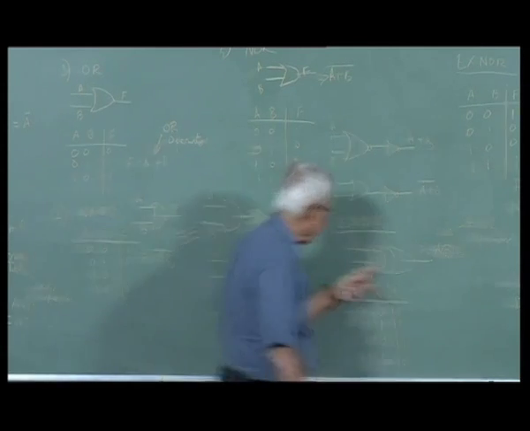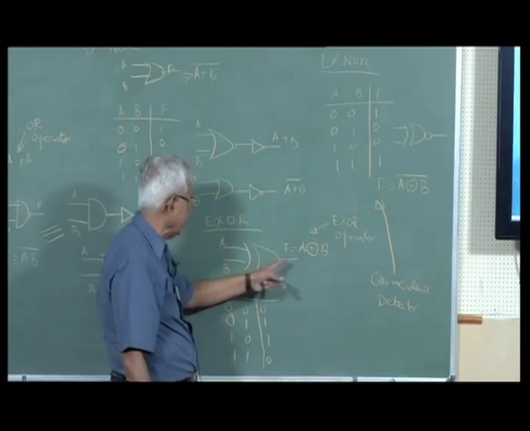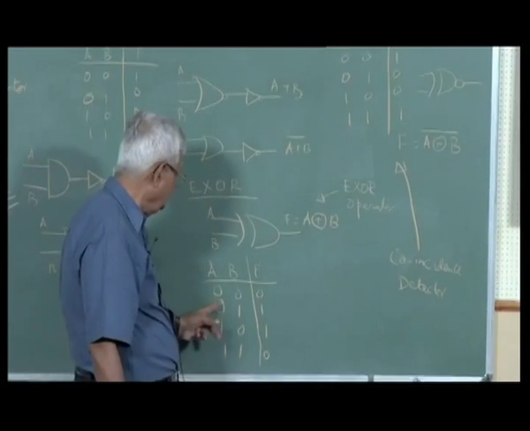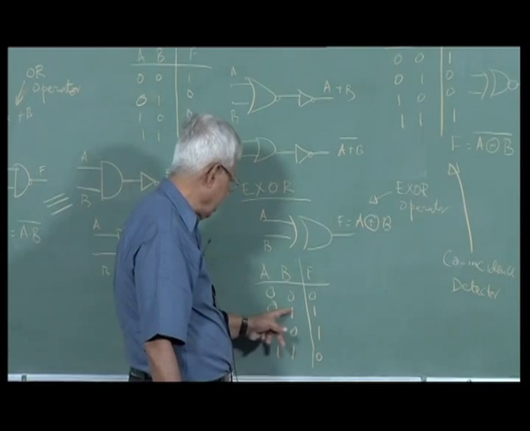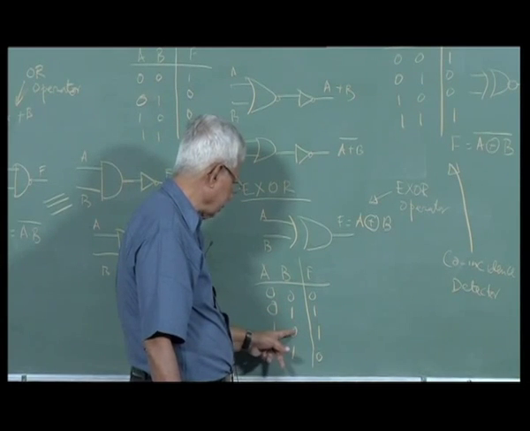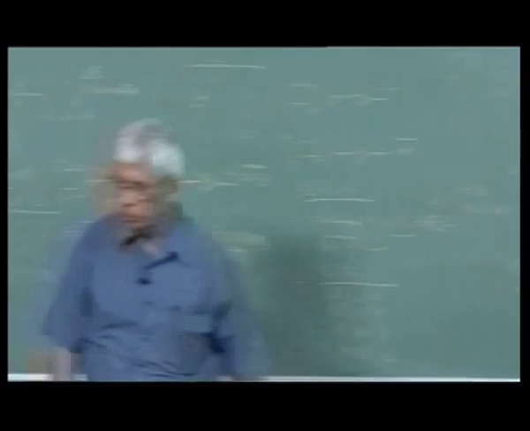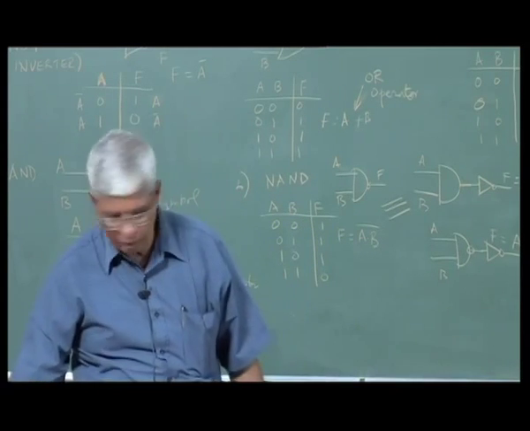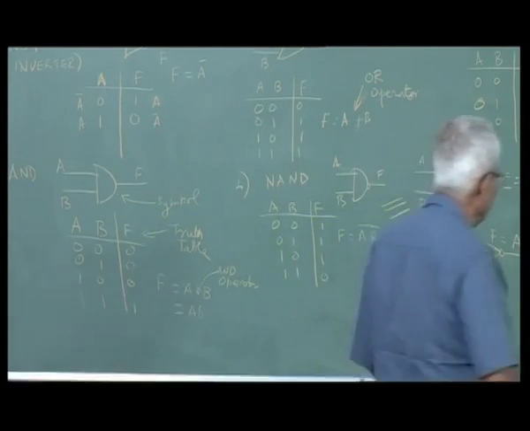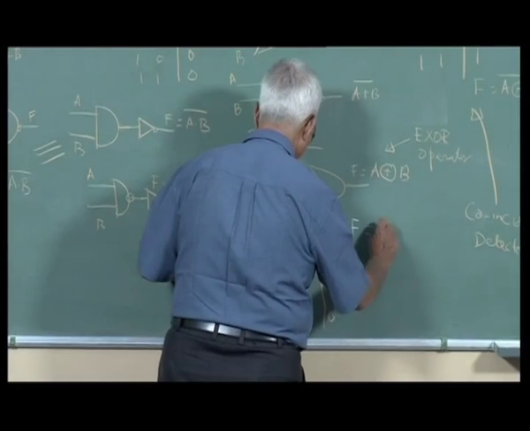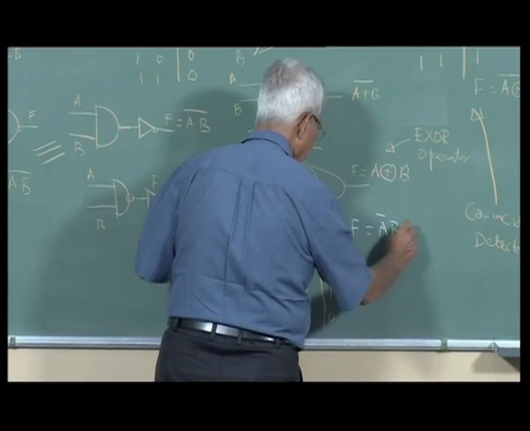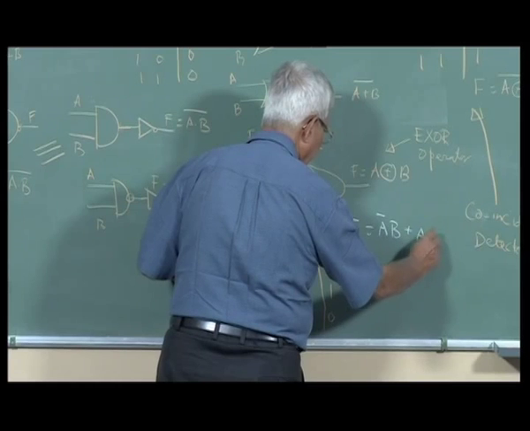And exclusive OR, you can write this as A bar B or A B bar. So another way of expressing F, A exclusive OR B, is A bar B or A B bar.